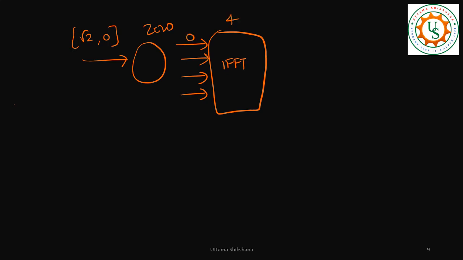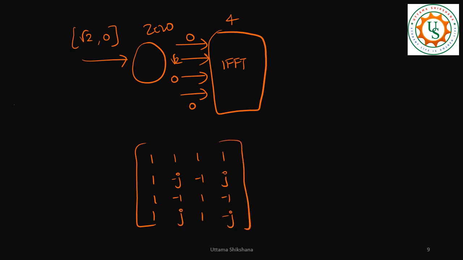Let's say I will put zeros on either side and square root of 2, 0. Again, what is my 4 point DFT equation? So this is how it is, right? 1 and minus j. Then my input is 0, square root of 2, 0, 0.